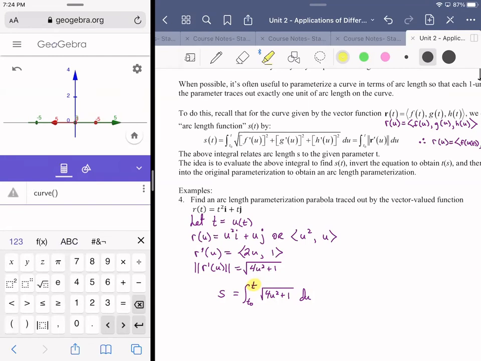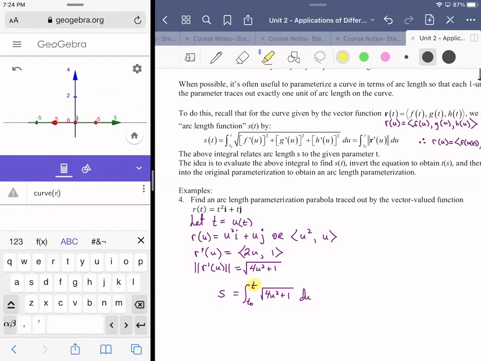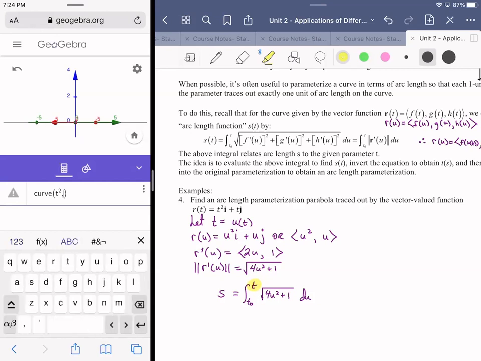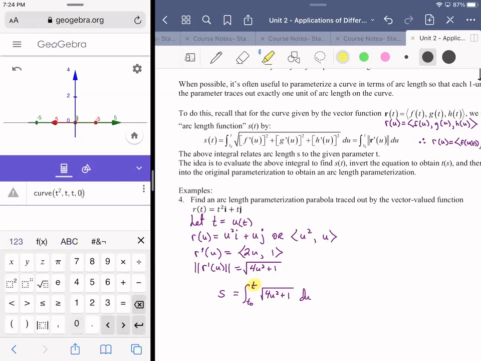This thing. All right, so t squared, variable, 0. I'll make the upper bound like 10.